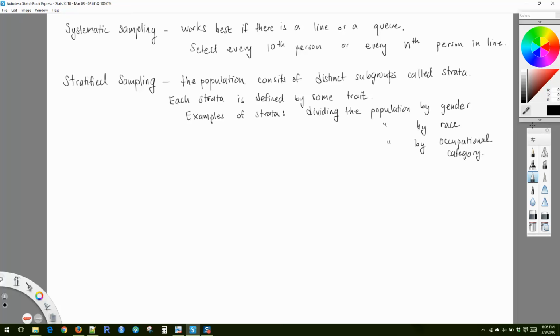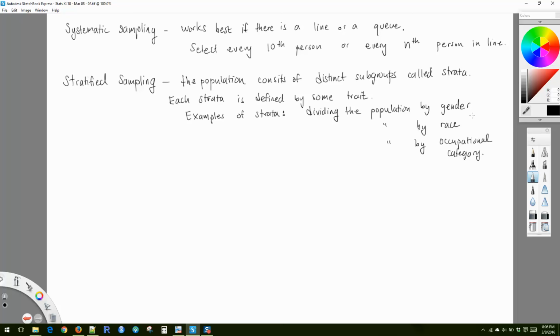You divide the population into different groups based on some kind of trait. If you divide by gender, you're probably only going to have 2 groups, maybe a third group if there's people who decline to state, or unknown, or choose not to identify. Or by race, however many categories you have, or occupational category, you could choose 15 categories or 5 categories or something.